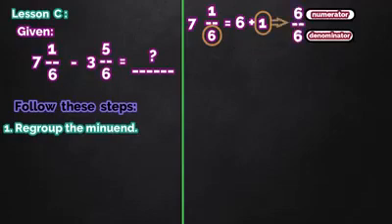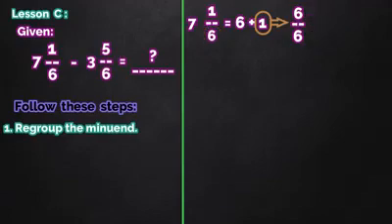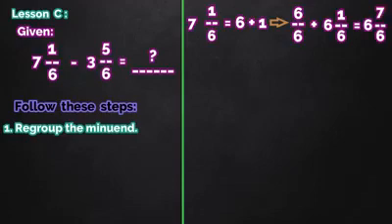Use it as your numerator and denominator to make them similar fractions. 1 will become 6/6. 6/6 plus 6 and 1/6 equals 6 and 7/6. Thus, our new minuend is 6 and 7/6.